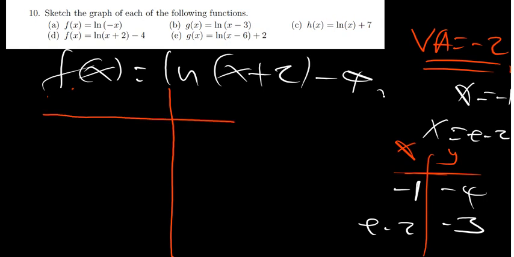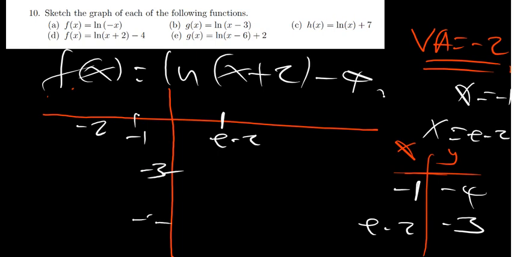So I have my vertical asymptote at negative 2, and also I have negative 1 here. Then I've got e minus 2, which is to the positive side. Then on the y-axis I've got negative 3 and negative 4. So my vertical asymptote, like we have said, is at negative 2, which is this line.